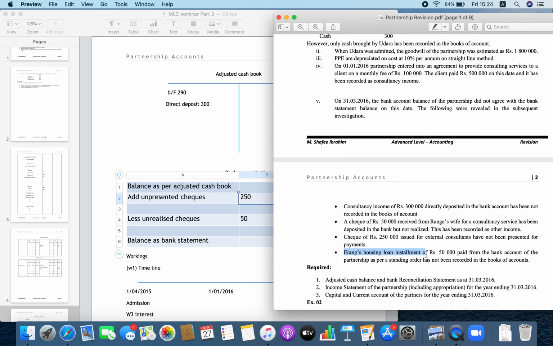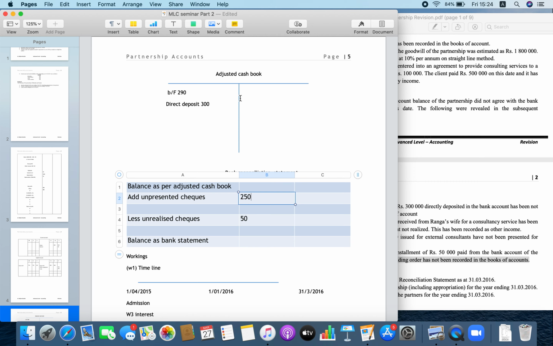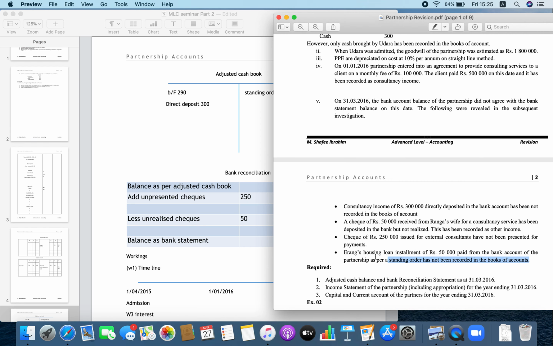Last one, Eranga's housing installment of 50,000 has been paid by the bank as a standing order. So remember, any standing orders should be credited to the adjusted cash book. So you go to the adjusted cash book over here, and you mark over there standing order 50. But remember the catch over here is Eranga's housing installment. Now remember, this is not a business transaction, it's a personal transaction.